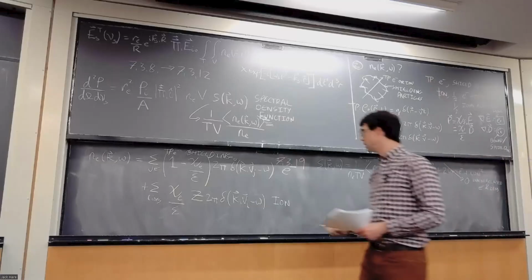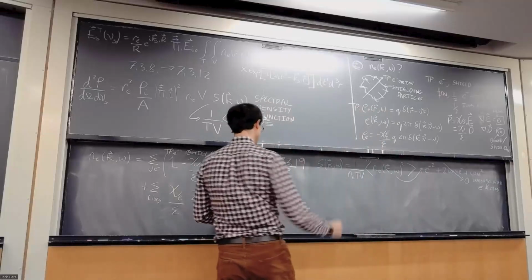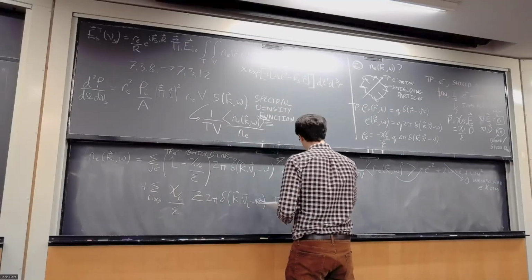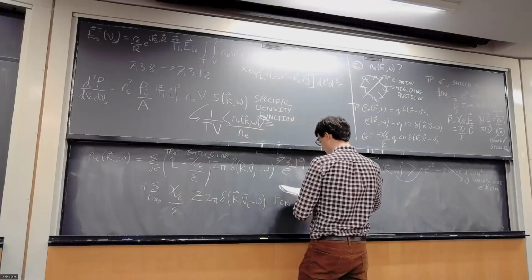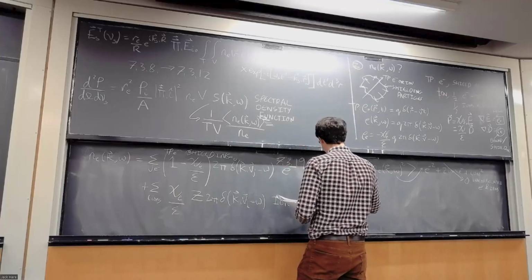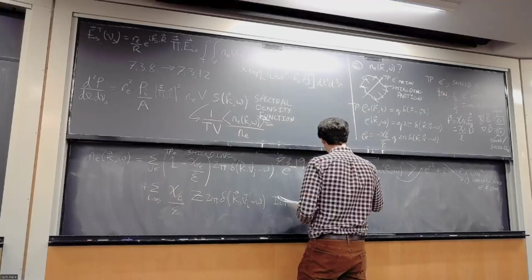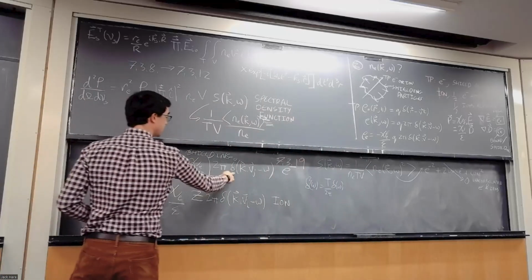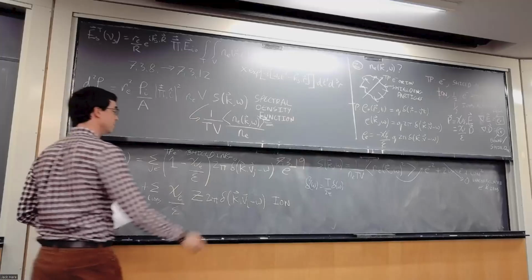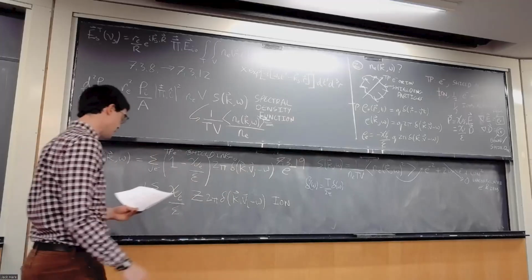And we also use our dodgy identity from last week that the square of a delta function in frequency space is equal to t upon 2 pi times that delta function. So when we take the square of this term, and we have a square of a delta function, we're just going to replace it with itself with a t over 2 pi in front.